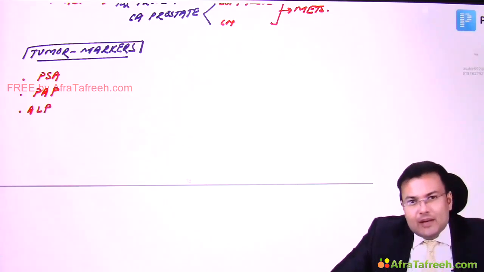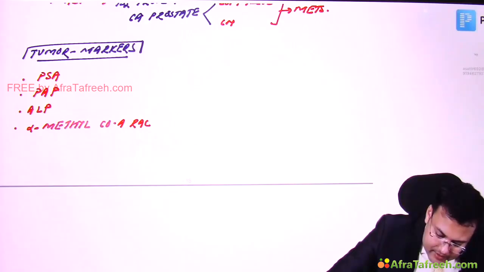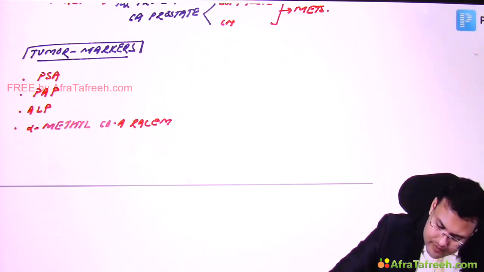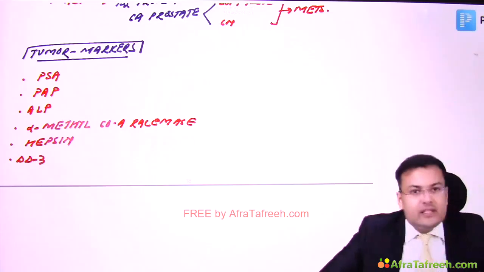Fourth, alpha methyl CoA racemase. There is hepsin and DD3. Clear? These are the markers.